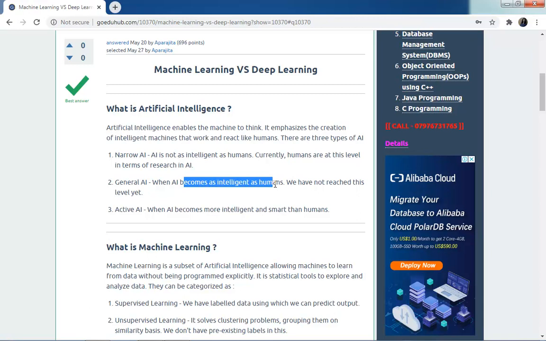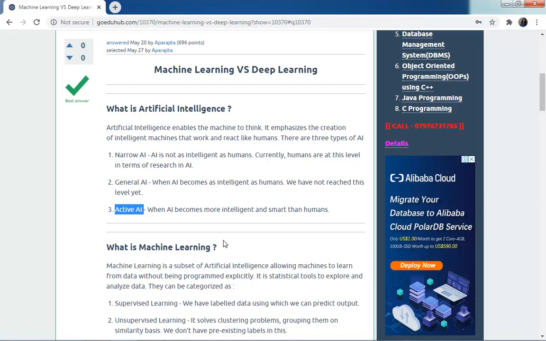We are not there completely, but we are working on this stage. And active AI, the advanced field, is when AI becomes more intelligent and smart than human beings.